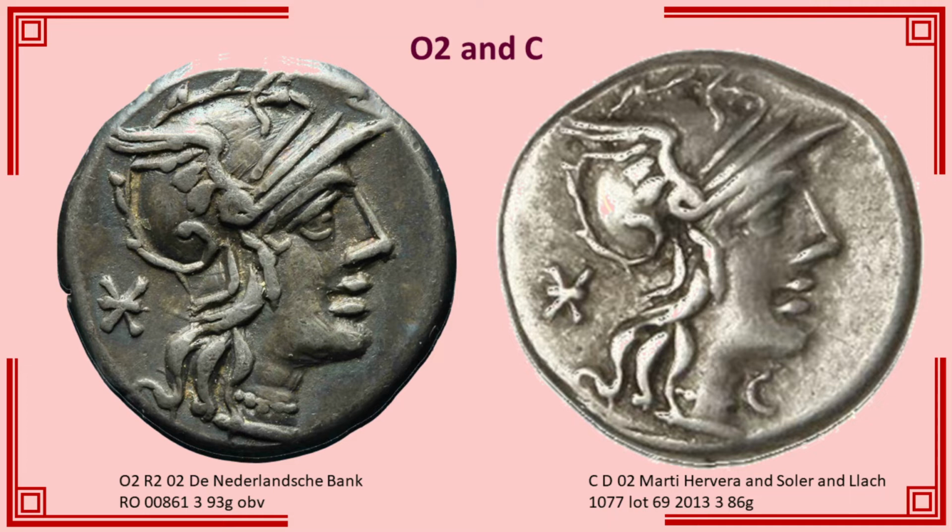And the interesting thing here is the very distinctive design on the wing, which is normally drawn as 3 lines, but here is drawn as 2 clumps. These are the same die.